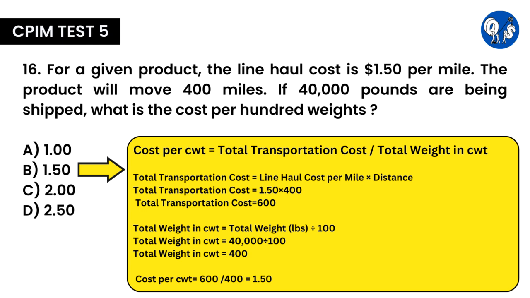Now we will calculate total weight in cost per 100 weight by using the formula total weight divided by 100. That is 40,000 divided by 100, which gives us 400. So cost per 100 weight will be 600 divided by 400, which will give us 1.5.